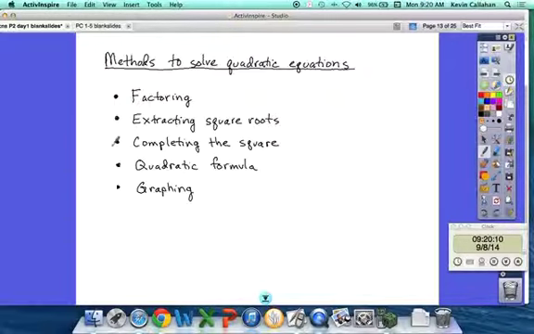Completing the square, we're not going to actually use as a way to solve. We'll do it later in this class. We will have times when we do completing the square. The quadratic formula, everybody's familiar with? The quadratic formula is derived by completing the square. So actually, when you use the quadratic formula, you're kind of using completing the square already. It's part of it. And then graphing is not part of what they present in the lesson now.